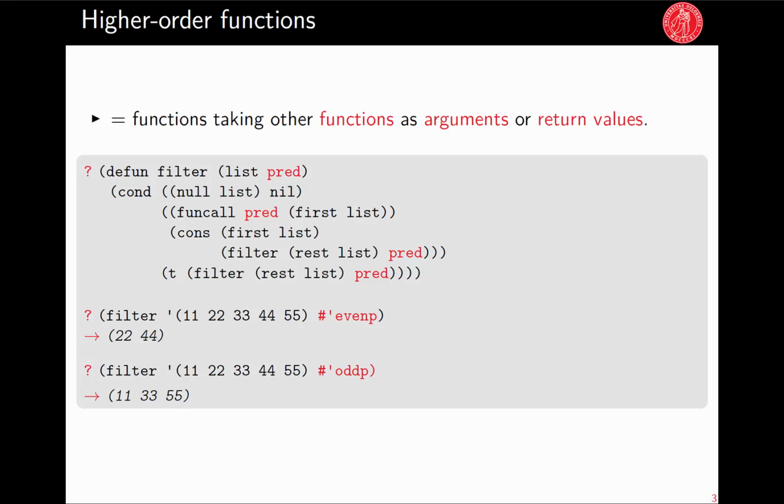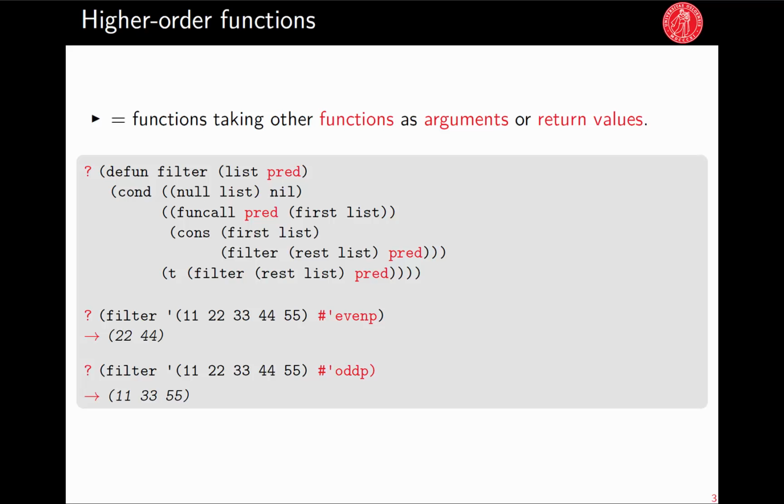So in the first case, we send in the built-in predicate evenp. There's a convention in Common Lisp that predicates end with a p, p for predicate. So evenp will test if the argument is an even number. Oddp will return true if the argument is an odd number.